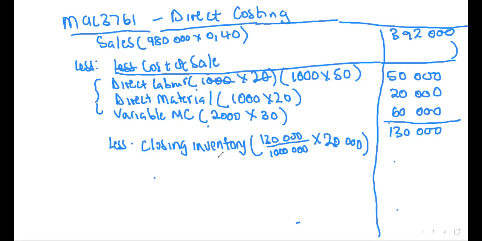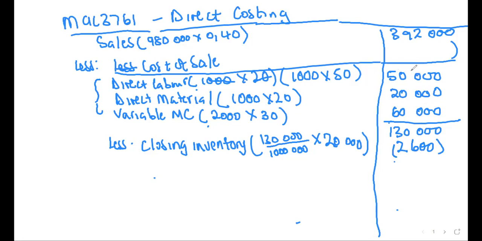Right, so what is going to be this figure? It's going to be how much, this one? 2,600. Sorry? 2,600. So it's going to be 2,600. What are we doing? It's minus here, right?